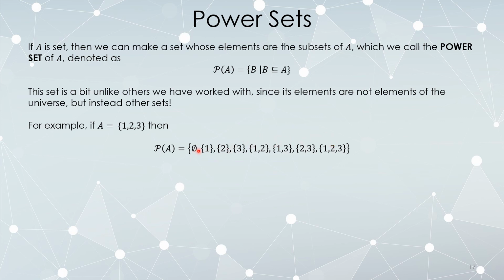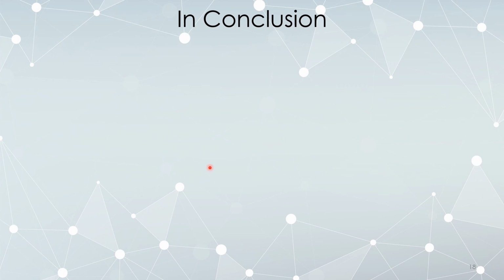Some of those elements are sets with multiple elements. Okay, here is one element of the power set. It is a set that has 2 elements. Okay, so notice, as we already mentioned, since the empty set is always a subset of A, it should always be an element of your power set.